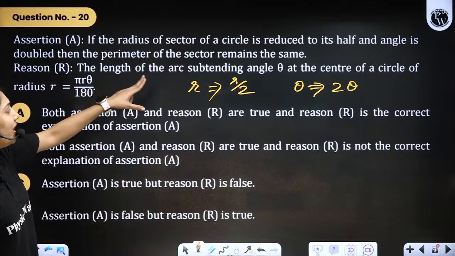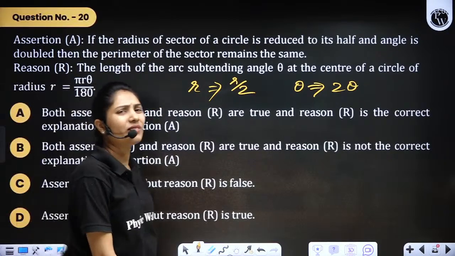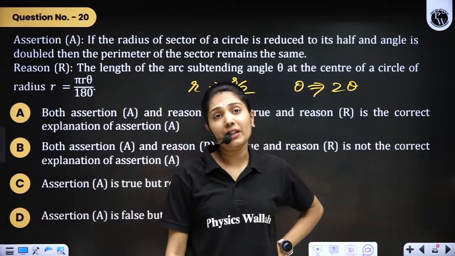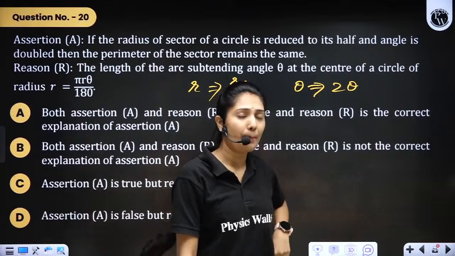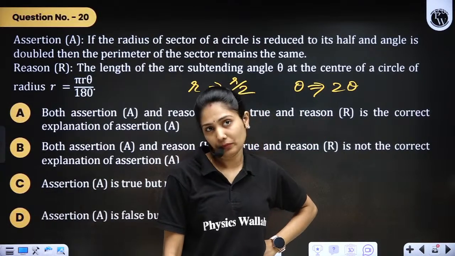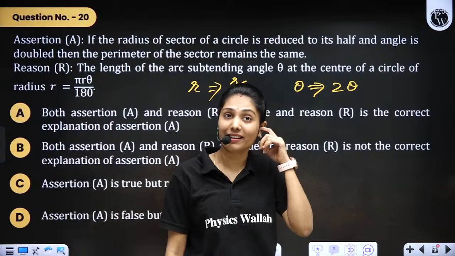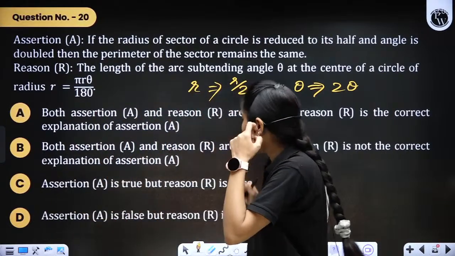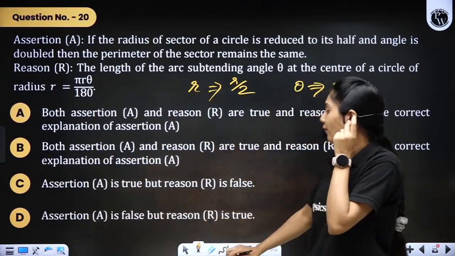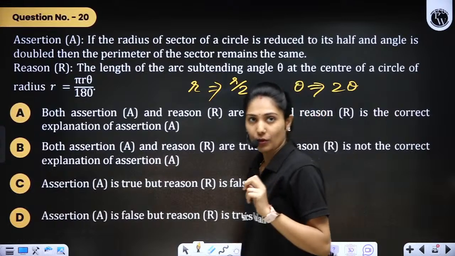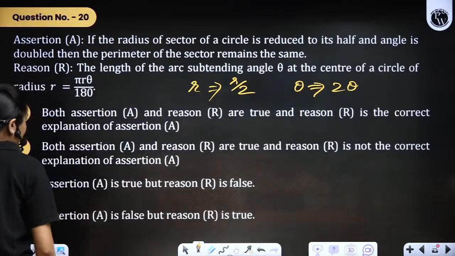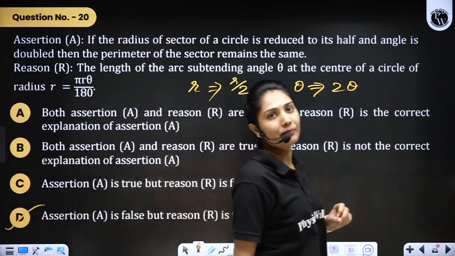Then the perimeter of the sector remains the same. How can the perimeter remain the same if these two things happen? We can't say that the perimeter will remain the same. So the first one is wrong. So assertion A is false, but the reason is true. Option number D is the correct answer.